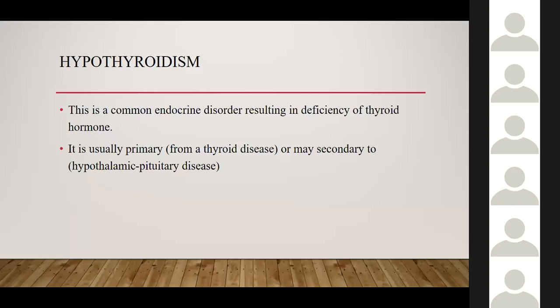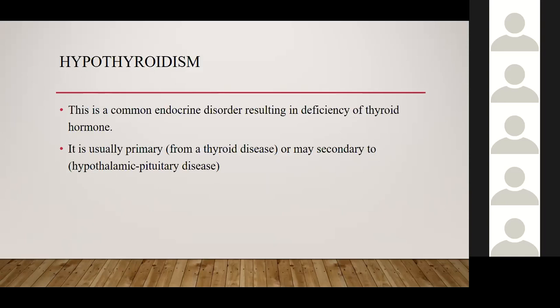And afterwards, the onus lies on you to try and then say, okay, this is hypothyroidism and it's because of the thyroid gland, or this is hypothyroidism and it's resulting from the hypothalamic pituitary axis. Okay, the main thing is to be able to make the diagnosis of hypothyroidism. So we say that it is usually primary, so as I said, a thyroid disease, or maybe secondary, a disease of the hypothalamic pituitary axis, which we've gone through.